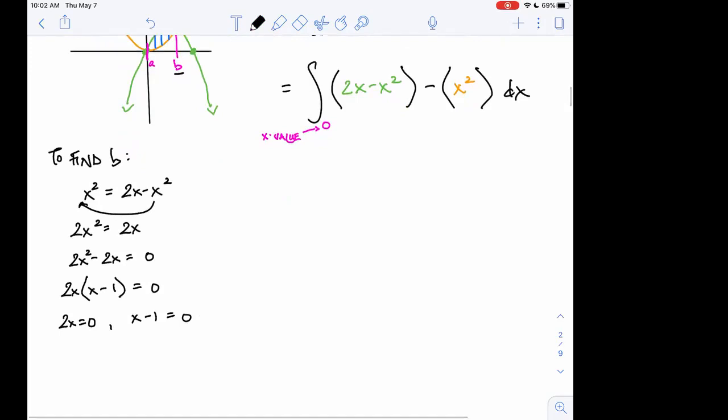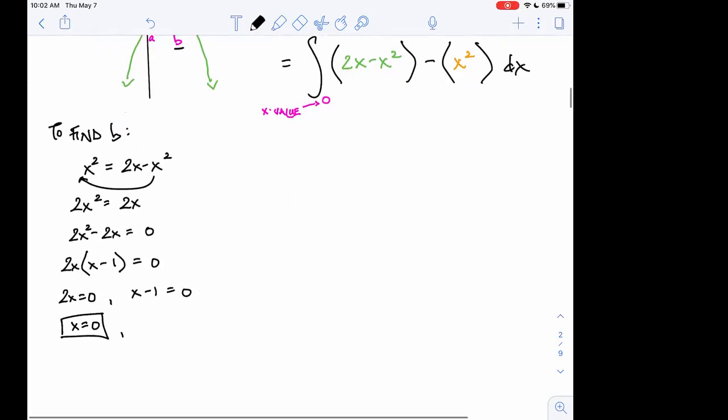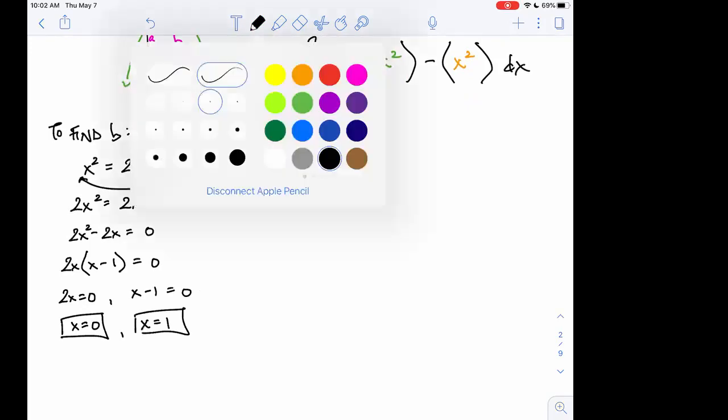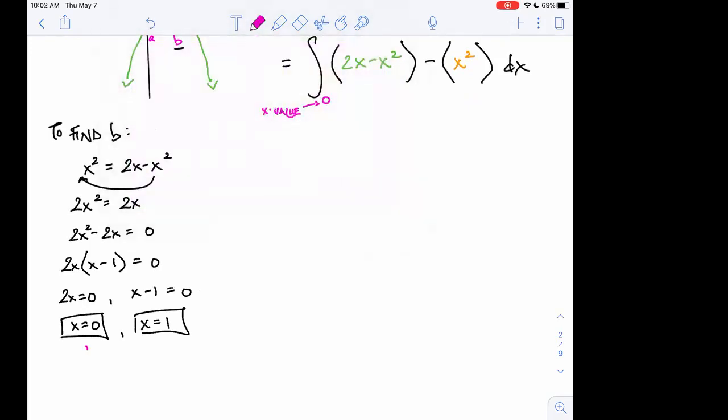When I solve the first equation, I get x equals 0, and when I solve the second equation, I get x equals 1. This is our A, and this is our B. All right, so A is 0 and B is 1.